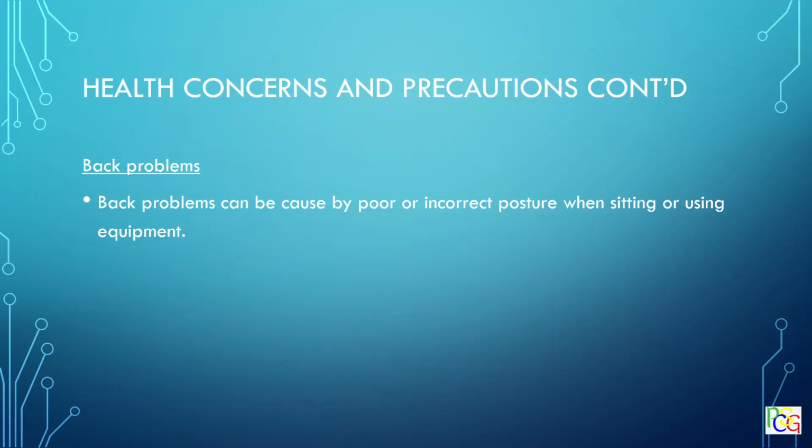Finish, miss. Okay. So we're going to look at how to stop or prevent back problems. Use a chair with adjustable height, is able to swivel, and has a tilting backrest. Adjust the chair height to where you are able to use the keyboard and your screen is at eye level.